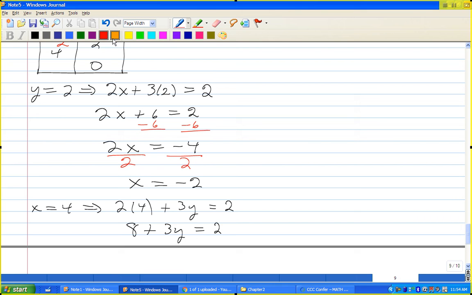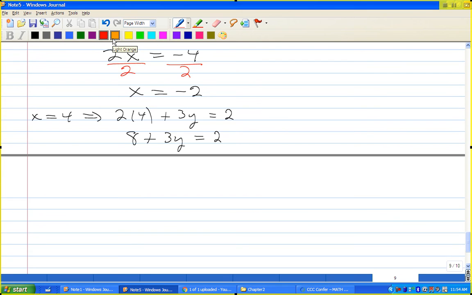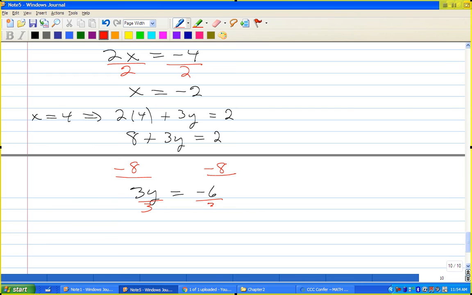Subtract 8 from both sides of your equation. So 3y equals negative 6. Divide both sides of the equation by 3. So y equals negative 2.